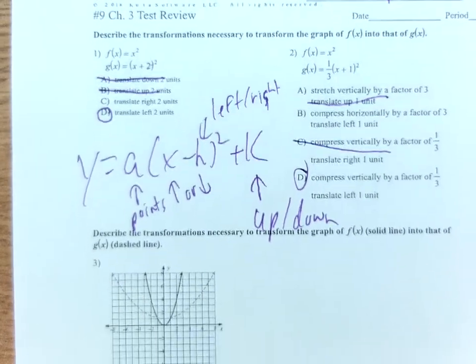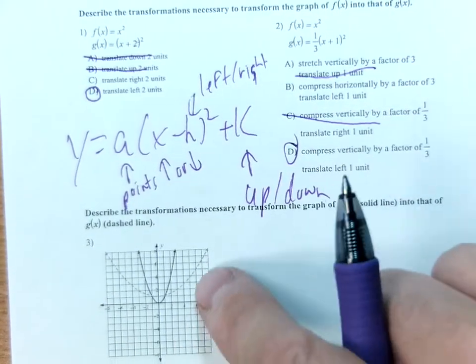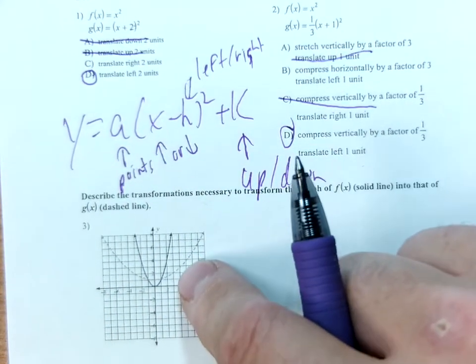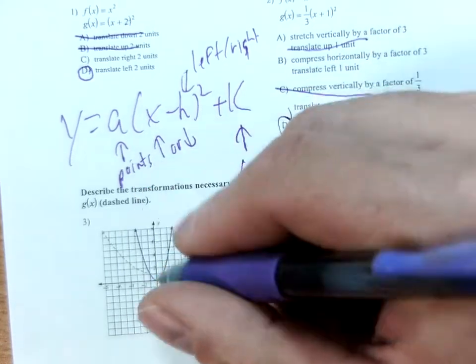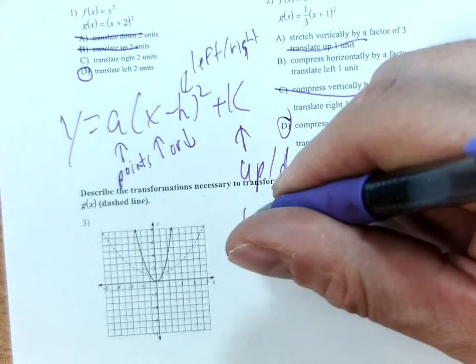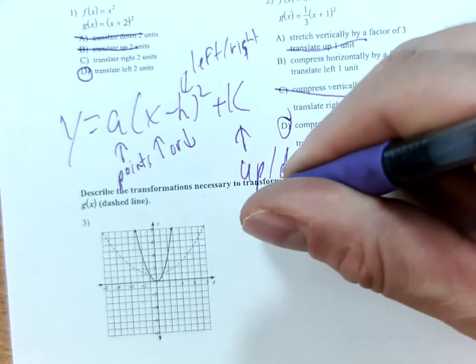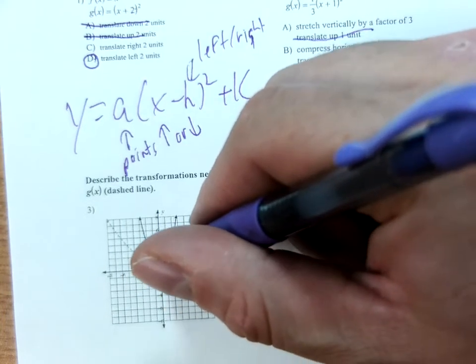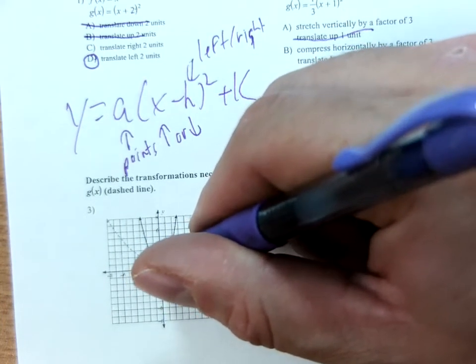Alright, next one. This one you can't really use a calculator to help you with, though you could on the other two. It's up 1. My base graph is in darker. This is up 1 from the base graph. The normal graph goes over 1, up 1.